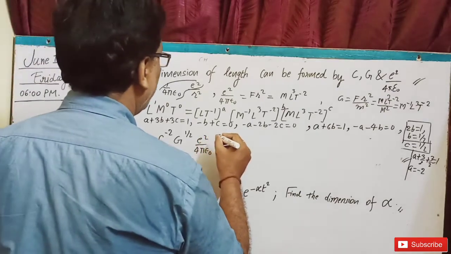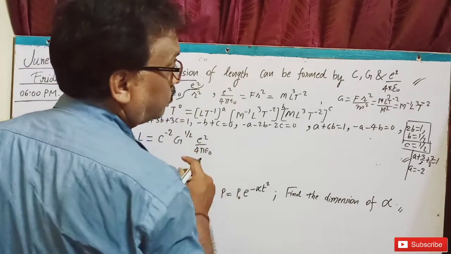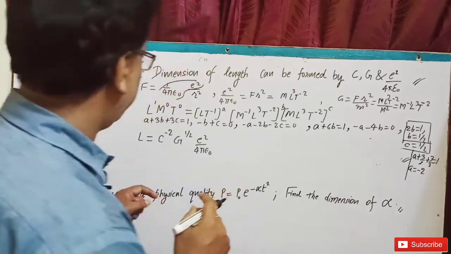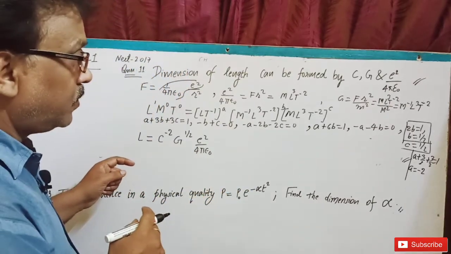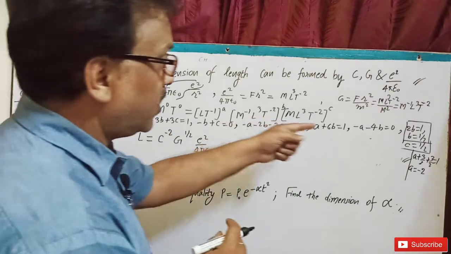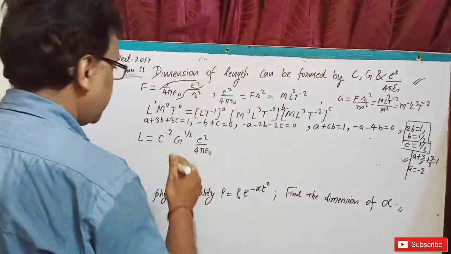Is it correct or not? We check it again. b and c are equal, so it is correct.